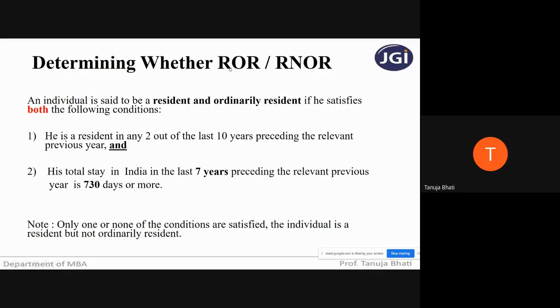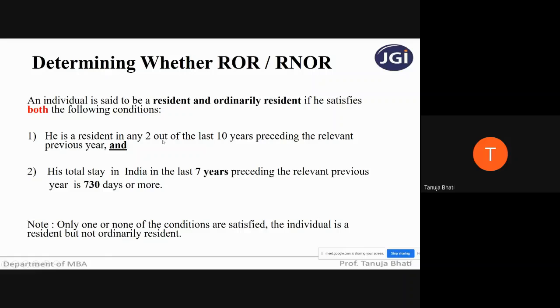Once he is a resident, you have to check whether he is a resident and ordinarily resident, or a resident but not ordinarily resident. In the basic conditions it was or, but in the additional conditions it is and. If he satisfies both these conditions, he is said to be resident and ordinarily resident.